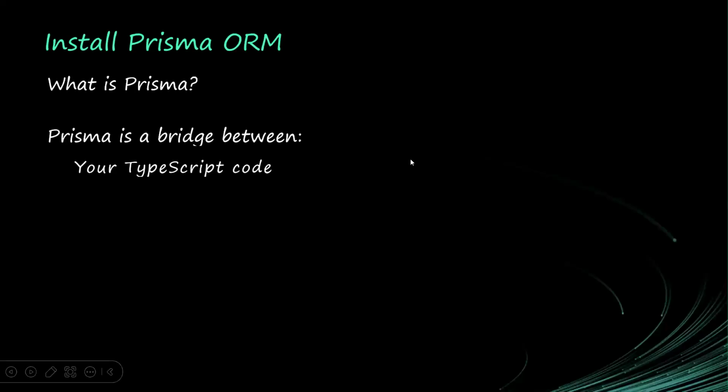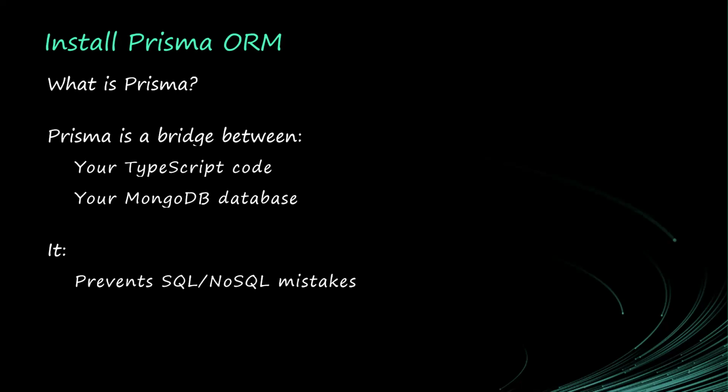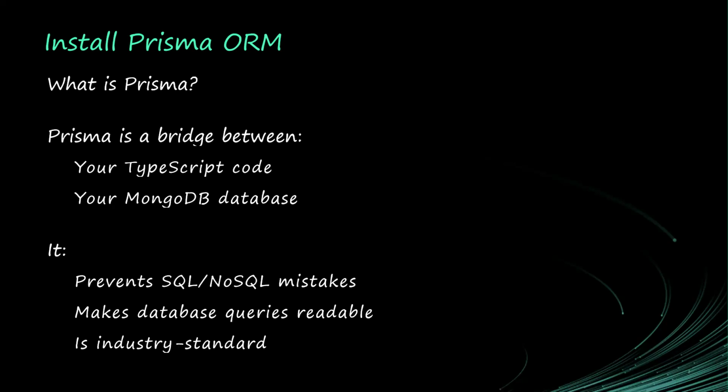Prisma is a bridge between your TypeScript code and your MongoDB, the MongoDB database that we have created on MongoDB Atlas. It prevents you from making unnecessary SQL and NoSQL mistakes. It makes database code readable. It just makes writing your code better and easier.